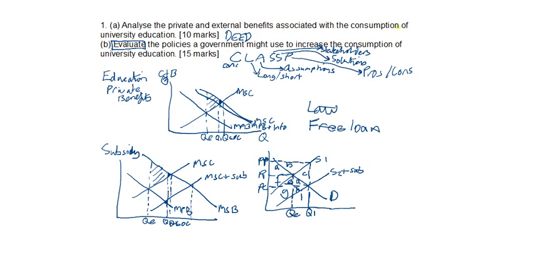But then if they do actually benefit from the university education, they have to pay back that loan. If for some reason they never end up benefiting from the university education, they don't pay the loan back, which is very similar to the system in the UK at the moment, where you have to be earning a certain amount of money before you pay back your student loans. So there's lots of different ways you could have tackled this, but the important thing is to evaluate.